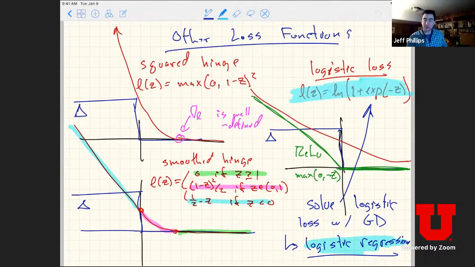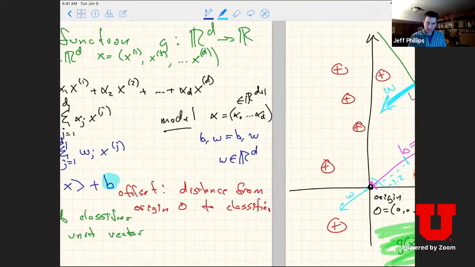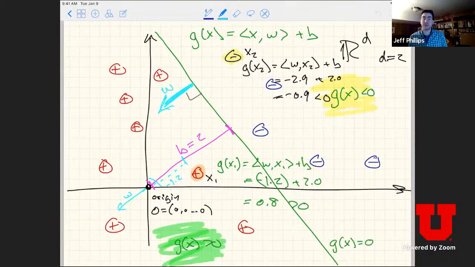If I plug that one in and solve for alpha using this, then remember alpha is tucked inside of that z. Then if I solve for alpha for the sum of these with stochastic gradient descent or batch gradient descent, that's logistic regression. It's going to give me this linear classifier here, this green one here.